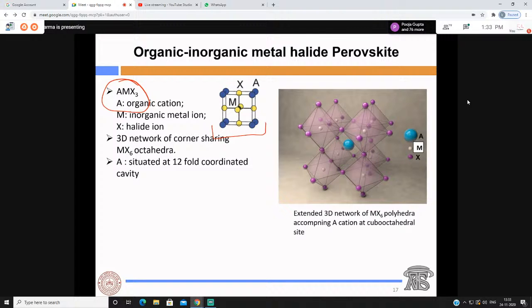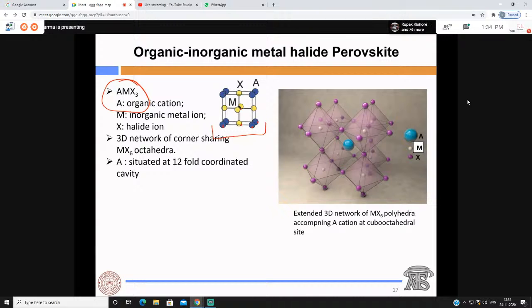And they arrange in such a fashion that if you see their geometry on a cube, you find that M lies at the center of the cube, X, the halide, lies at the center of all the faces of the cube, and A lies at the corner positions. Okay, so if this is the geometry, then if a material exists with this geometry, we say it is a perovskite material.